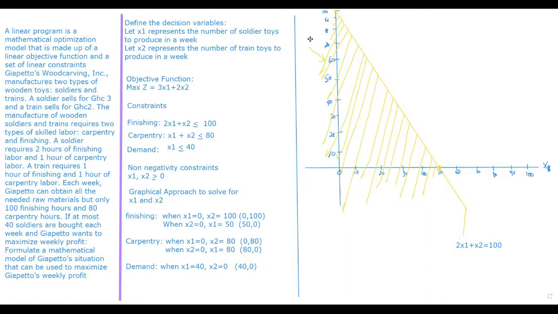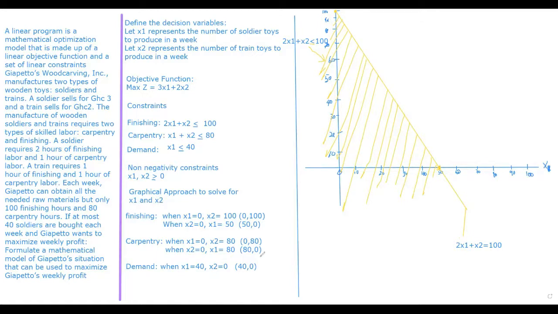So that one will be 2x1, I'm just illustrating this one, I will not write the rest, S2 less than or equal to 100. You get it? Okay, so we are done with the finishing line.